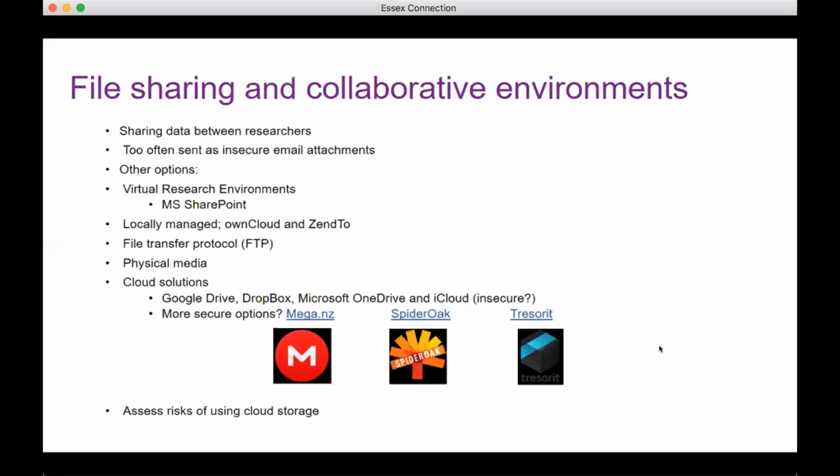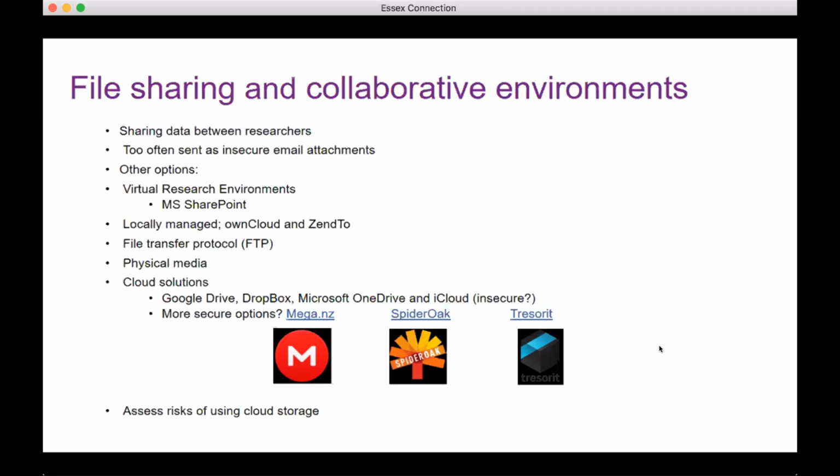Okay, looking at file sharing now. In some projects, we need to share our files with research partners, and doing this over email is not considered good. So please try to avoid doing that. There are other, better, more secure options. There are virtual research environments available or locally managed, such as OwnCloud or Zen2.